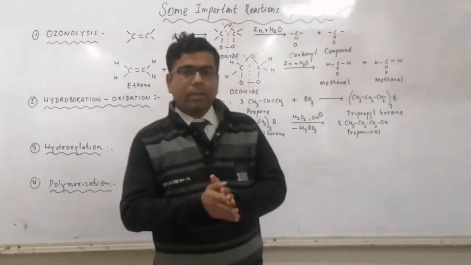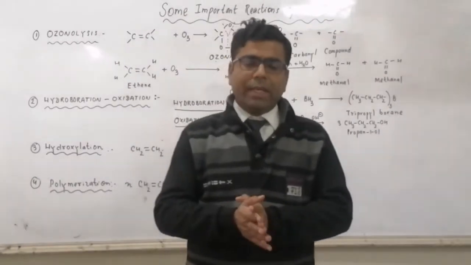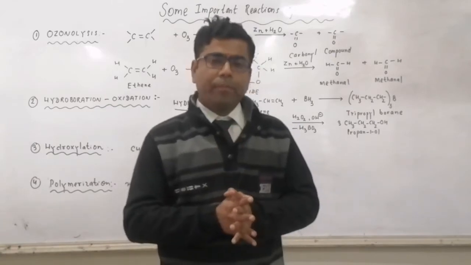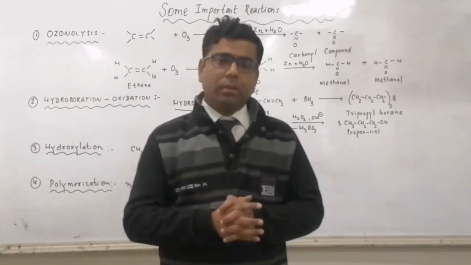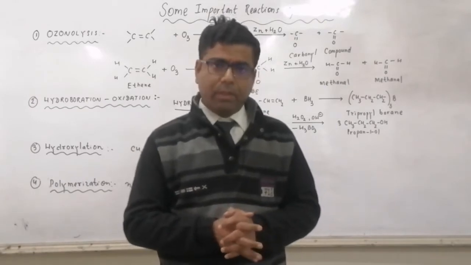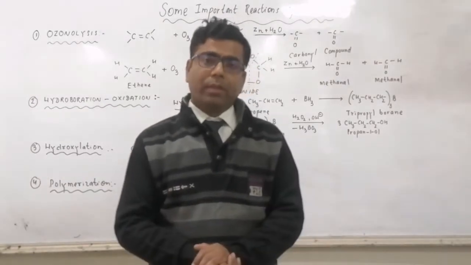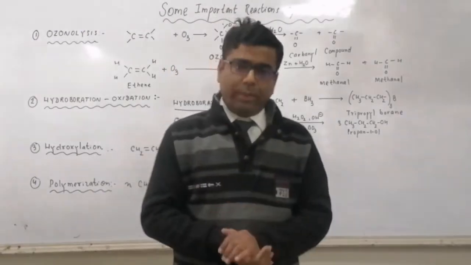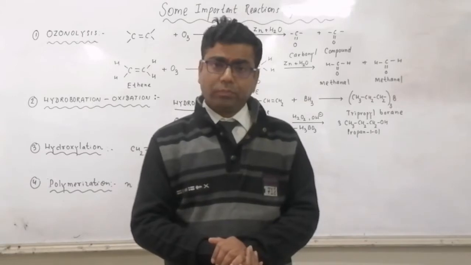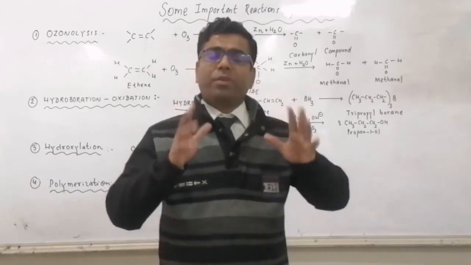Good morning, students. In today's lecture, we will talk about some other important chemical reactions of alkenes. We know very well that alkenes exhibit electrophilic addition reactions. That is the most important reaction of alkenes.